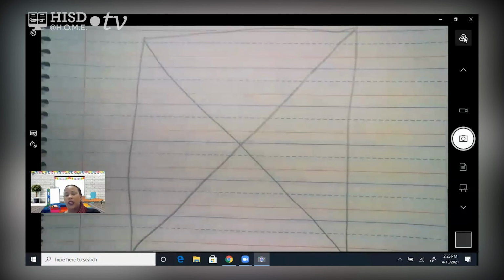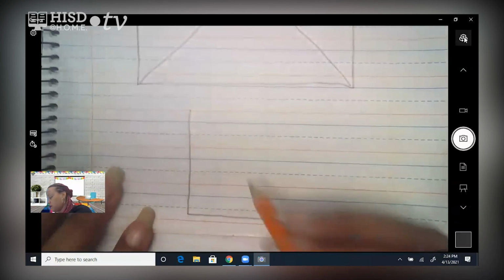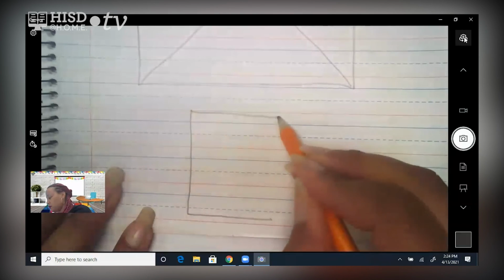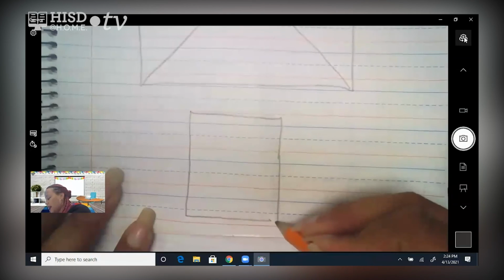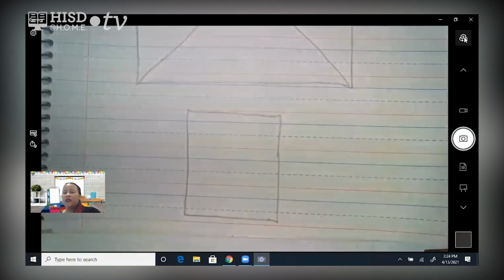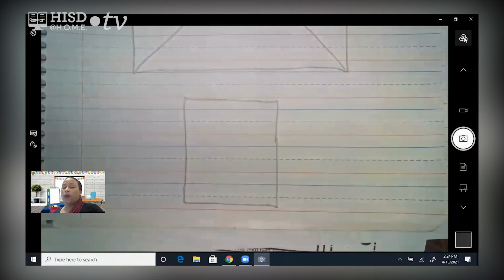On your paper, can you show me another square? When we separate the square into halves and fourths, we are modeling equal parts.